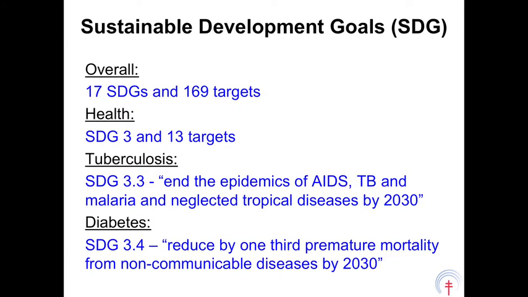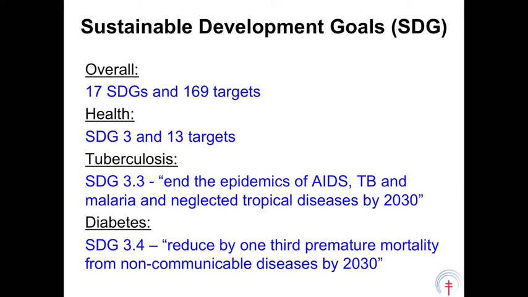So let's remind ourselves once again of these SDGs. 17 of them, 169 targets. For health, we have one goal, SDG 3, with 13 targets. And for tuberculosis, this fits into SDG 3.3, where countries have committed to end the epidemics of AIDS, tuberculosis, and malaria, and neglected tropical diseases by 2030.